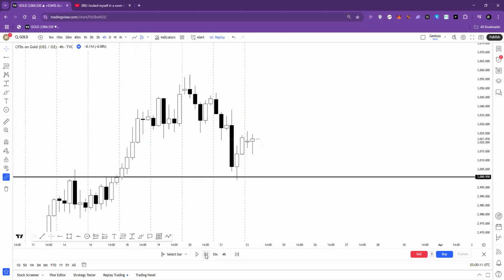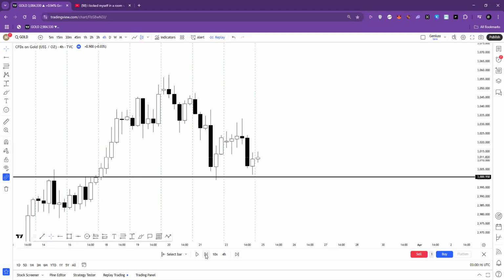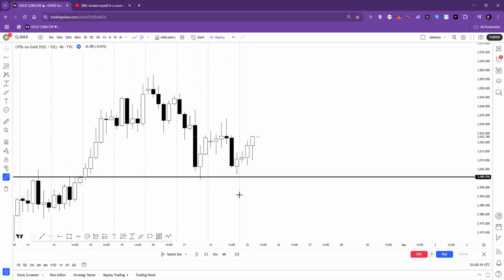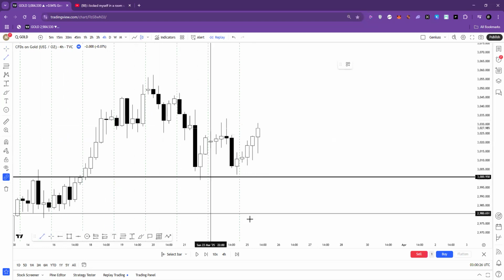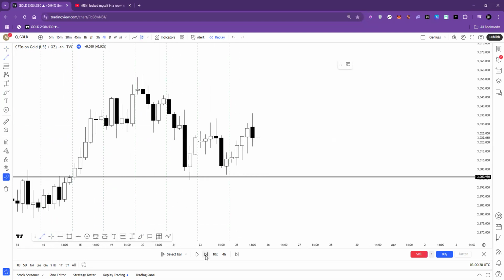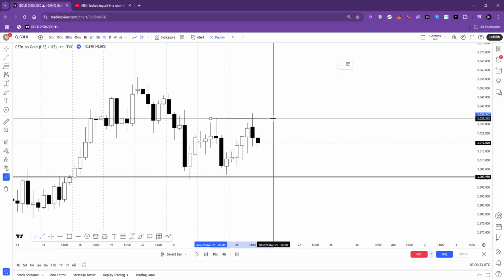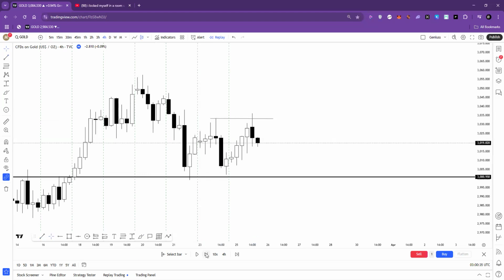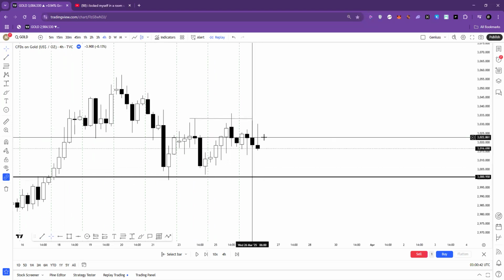This is the Monday. I sold on Monday and I sold on Tuesday inside this range. When price came in, it gave us another reason to sell again, which I did.